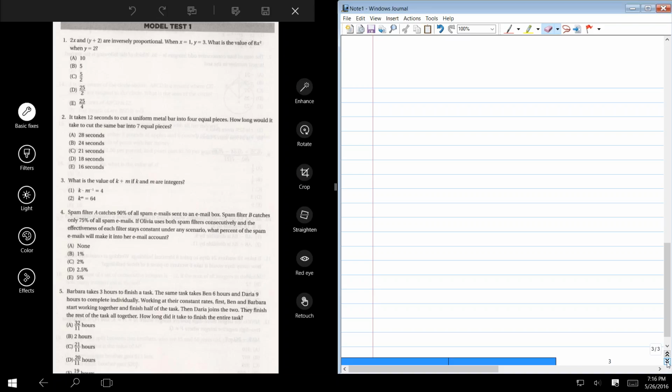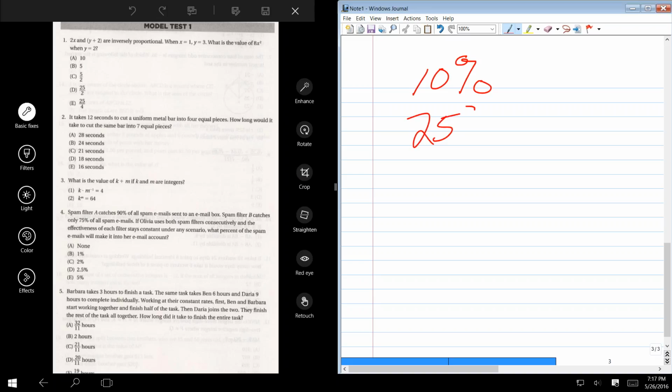You almost have to treat this as a probability problem. In other words, if 90% get caught, how many get through? Because ultimately, the question is asking about what percentage get through. So we have to find the complement of this 90%. In other words, 10% are going to get through from the first filter.